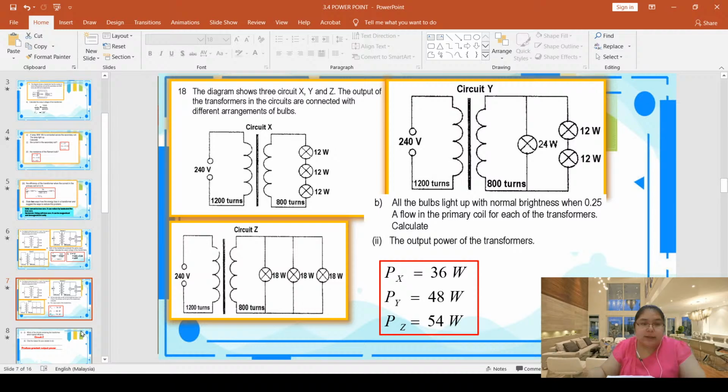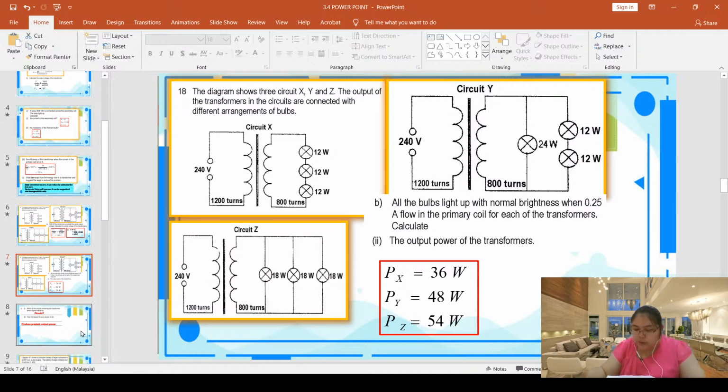Now we go on to the following. There's C. Which circuit contains the transformer with the highest efficiency? How to find the highest efficiency? Just now we found the input is 60 watt, is it? So which one produces the biggest power?